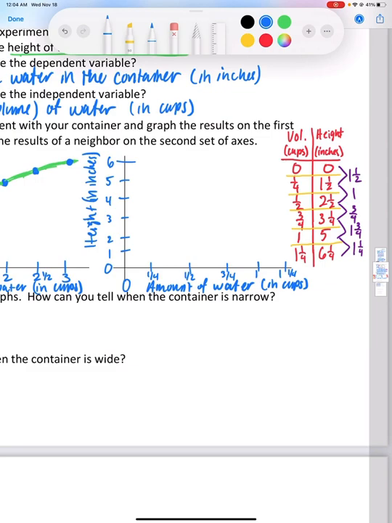So I have 0, 0, 1/4, and 1 1/2. 1/2, 2 1/2. 3/4, 3 1/4. 1, 5.